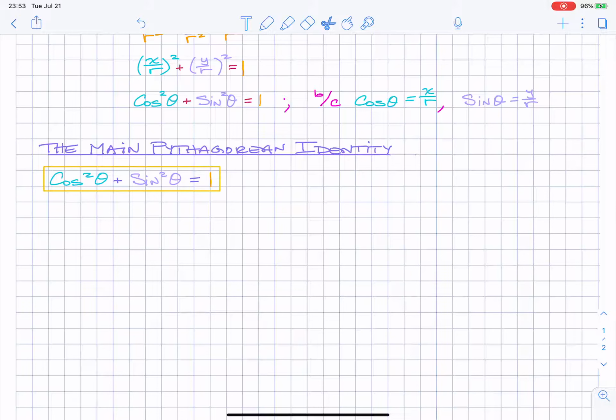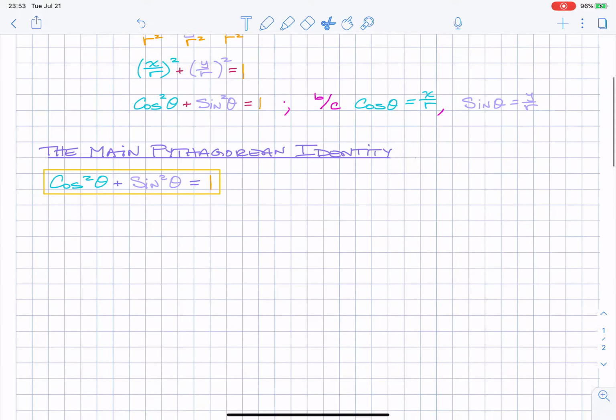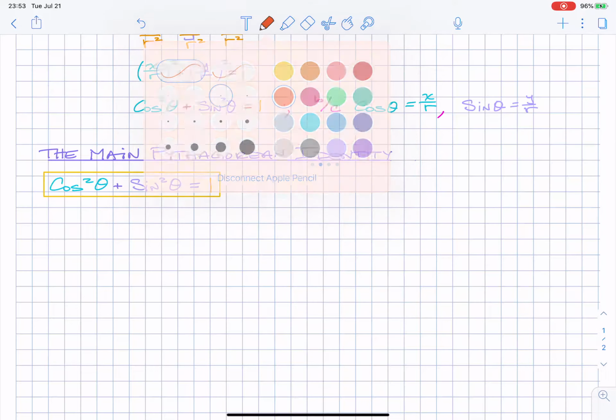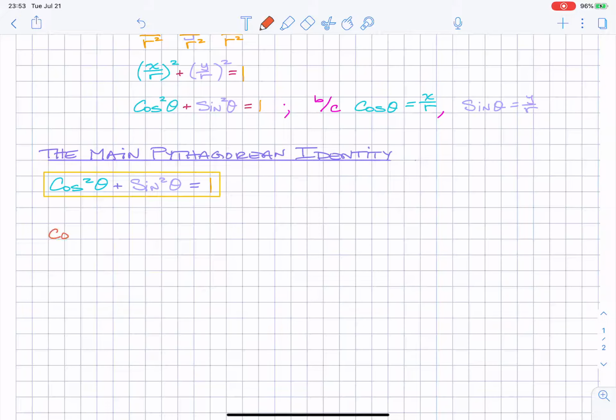Okay, so actually, let's consider now instead of later, because I did write identities, plural. And why did I do that? So let's consider the main Pythagorean identity: cosine squared theta plus sine squared theta is equal to 1. Copy, paste.